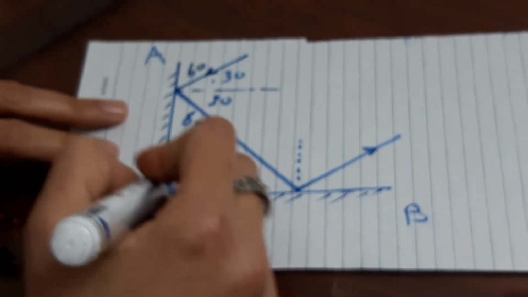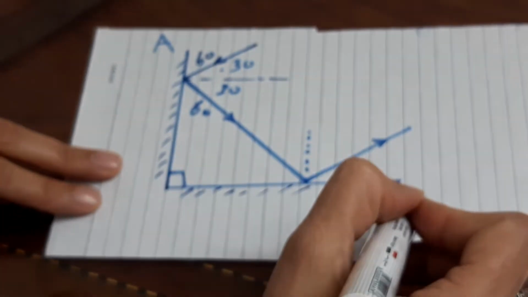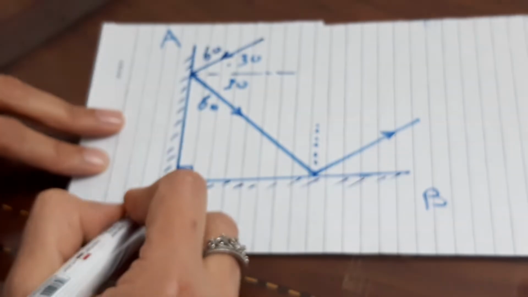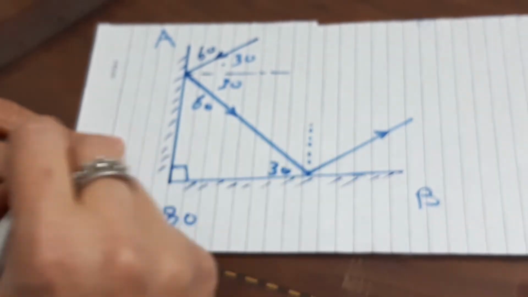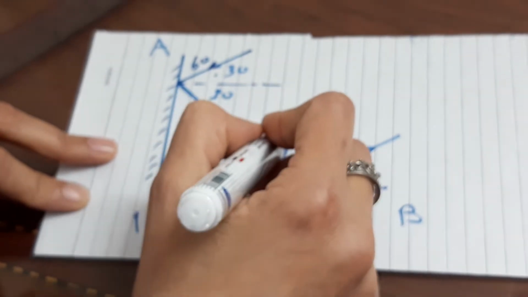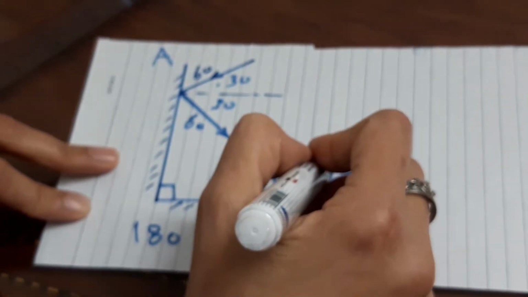So this angle will be 30 and this one will be 60. Why? Because I told you before that this surface is perpendicular to the other surface, and the sum of the angles of the triangle equals 180. So this angle will be 30. So the angle of incidence here will be 60 and the other angle will be 60.